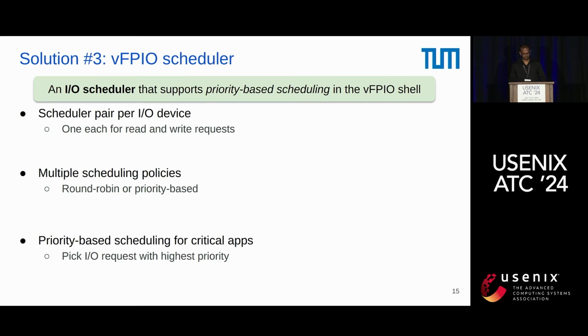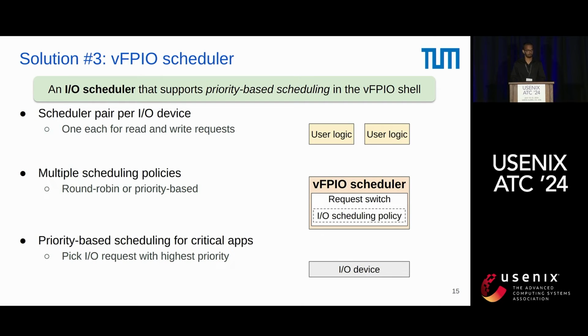Also, when a performance critical application executes on the FPGA, we can switch to priority-based scheduling wherein its I/O request is always picked for execution. On the right hand side, next I will describe how the scheduler works in vFPIO.